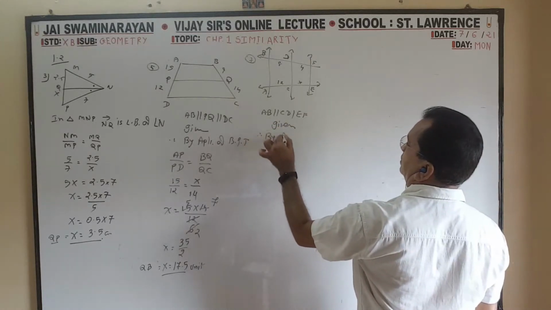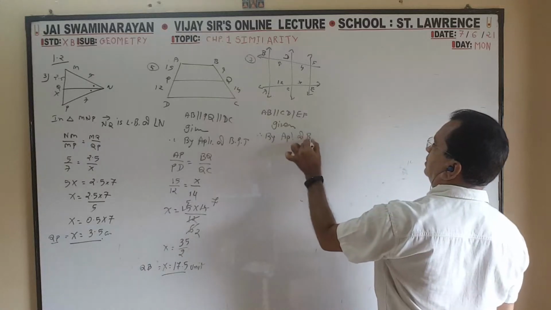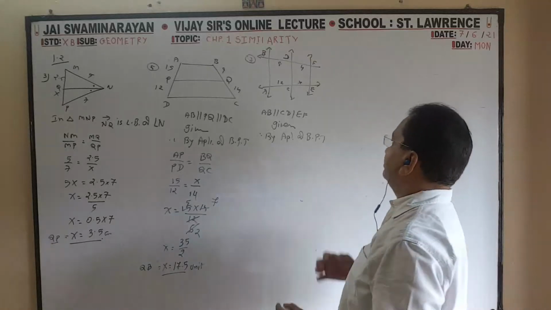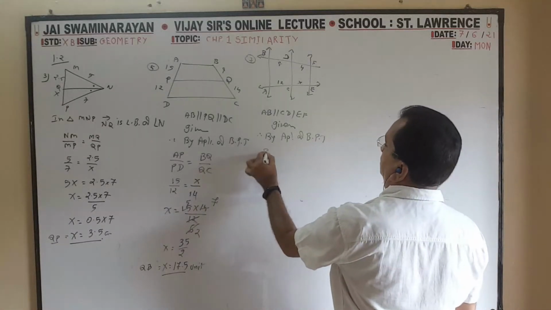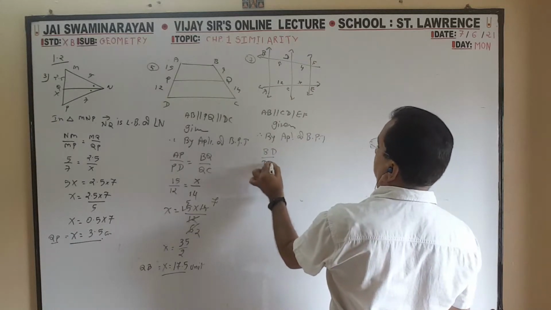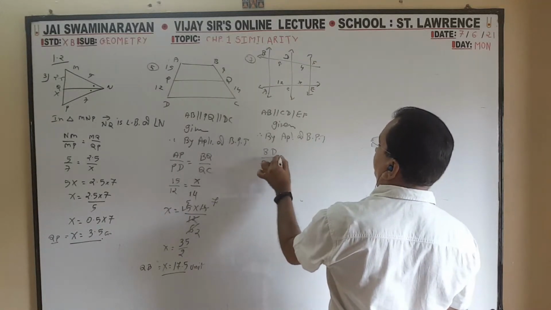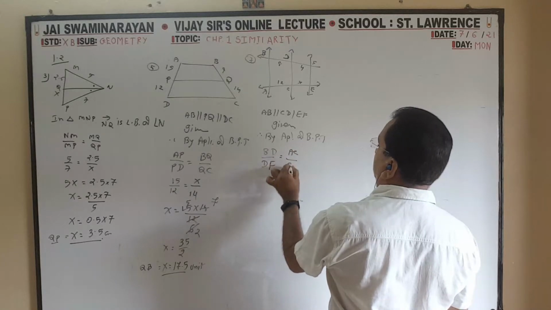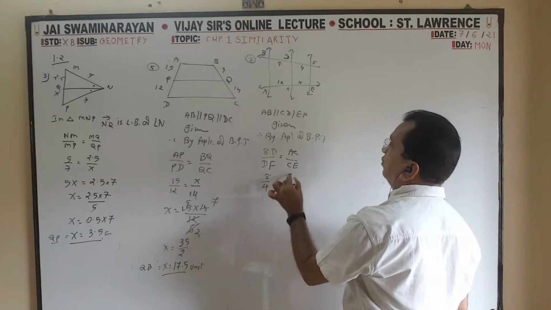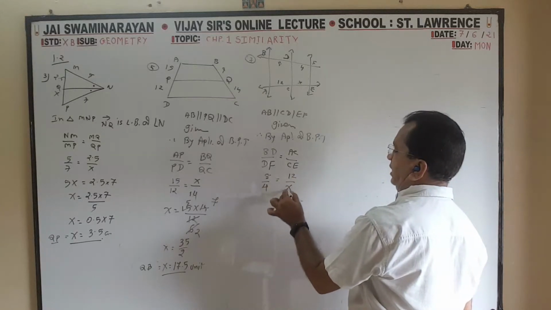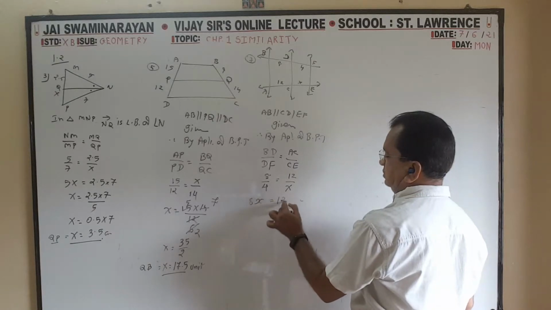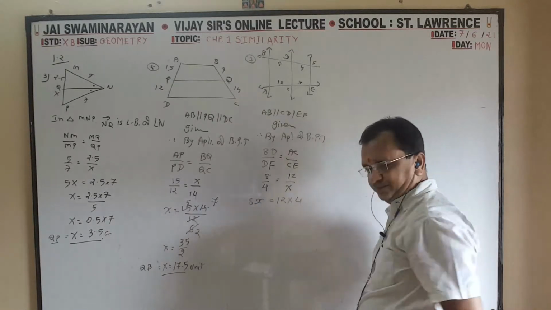Therefore, by application of BPT, basic proportionality theorem, first by second, third by fourth: AD by DF, AC by CE, 8 by 4, 12 by X. So 8x, 12 into 4.